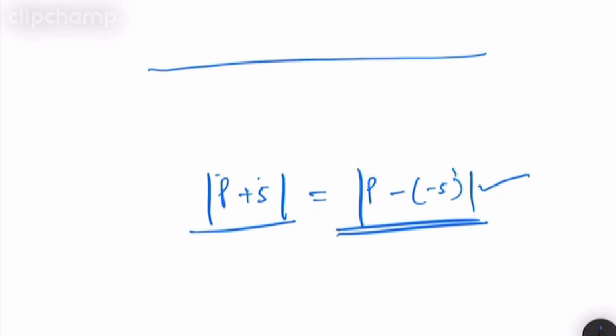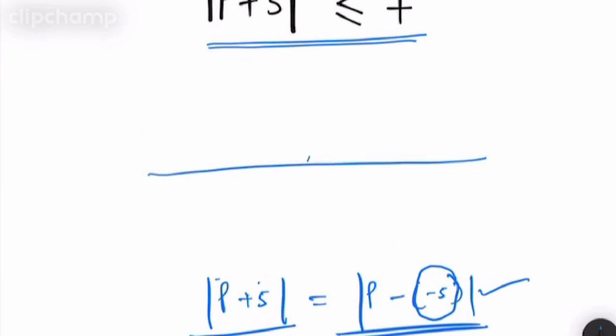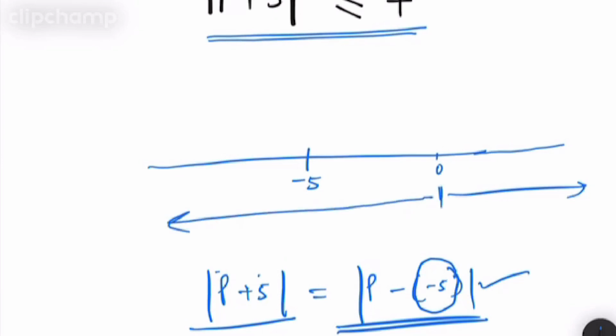Our reference point is minus 5. Let's say this point represents minus 5. Somewhere here number 0 will come, and we extend the line somewhat more. Some positive values will come this side, and all the negative values towards the left side of number 0.